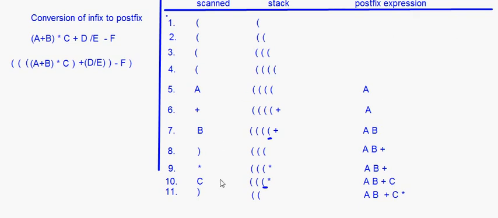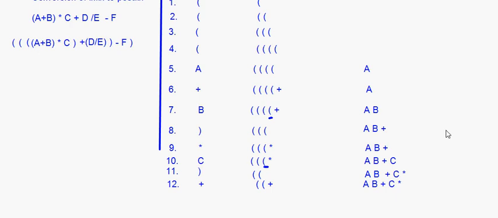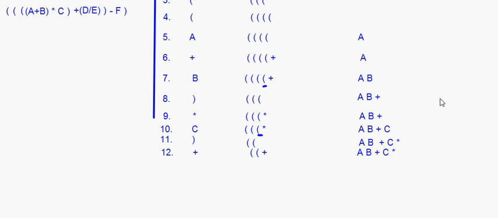Now the next one, step number 12. After C, then we have a closing bracket, then the plus sign is there. So now this plus sign will go into the stack, and here you have AB plus C into. That's it. This is your expression.